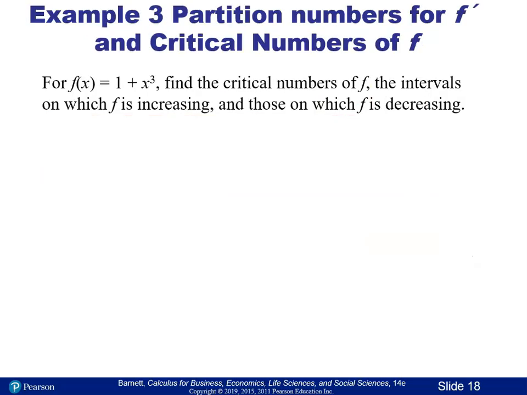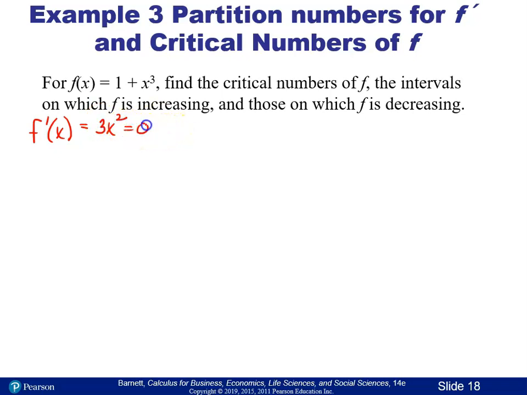Okay, all right, so if we take a look at this one, we're asked to find the critical numbers of f, where it's increasing and where it's decreasing. To find our critical numbers, we need to work with the derivative. Pretty much every problem you're going to work with the derivative in some respect. So here the derivative of 1 is 0. Here the derivative is 3x squared.